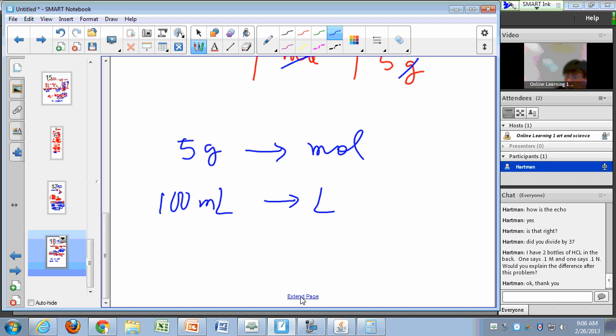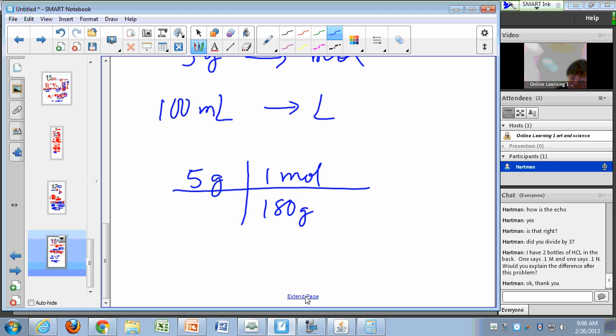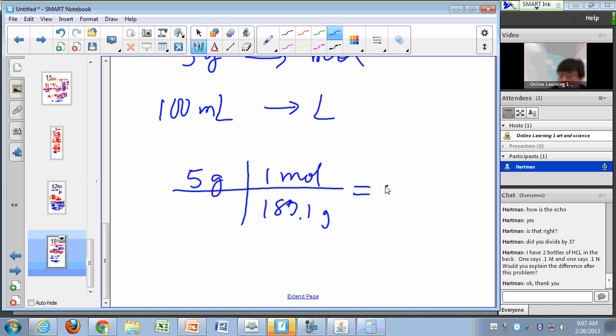So you can say 5 grams of glucose times 1 mole over 180.1 grams equals, so 5 divided by 180.1 is 0.02776 moles.